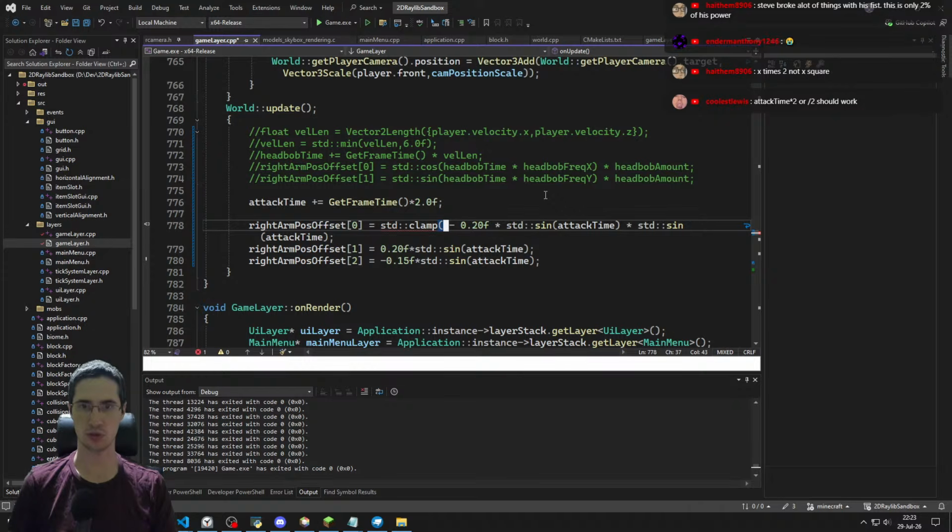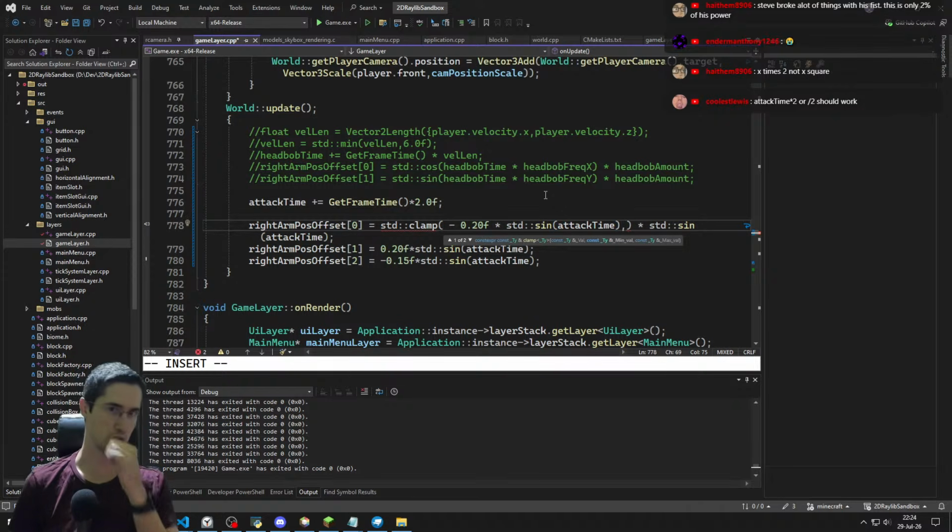And what values should I use for minimum and maximum? I have no idea. Bro, I have no idea what to put here.